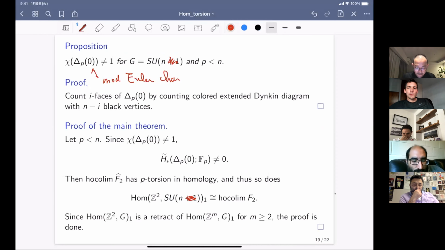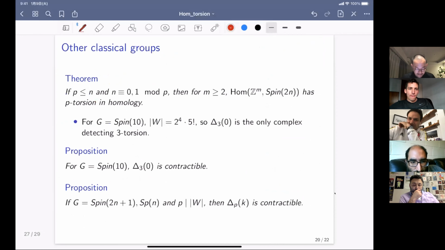But how about other cases? Unfortunately, it doesn't work well in some cases. For Spin(2n), we can detect some P torsion in homology, like this theorem, in Hom(Z^m, Spin(2n))_1.